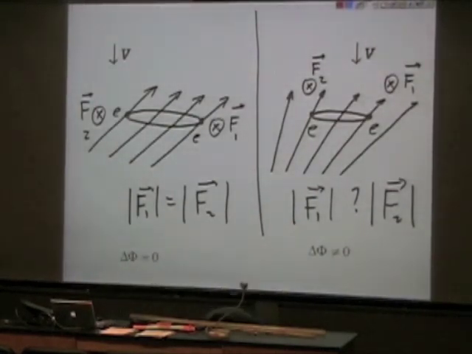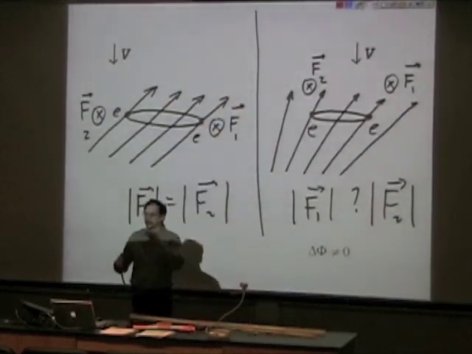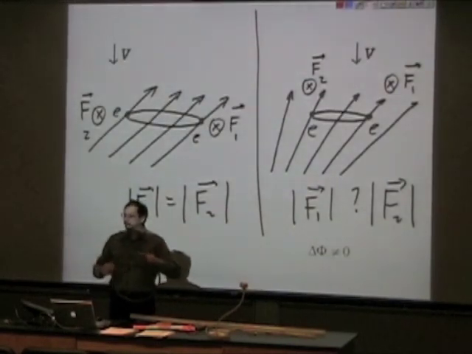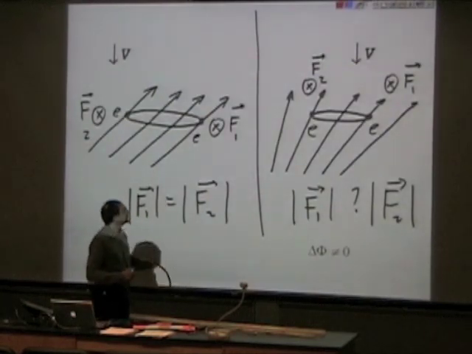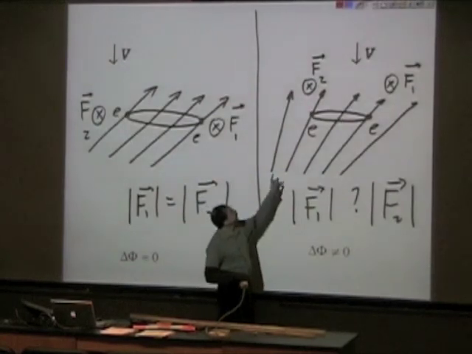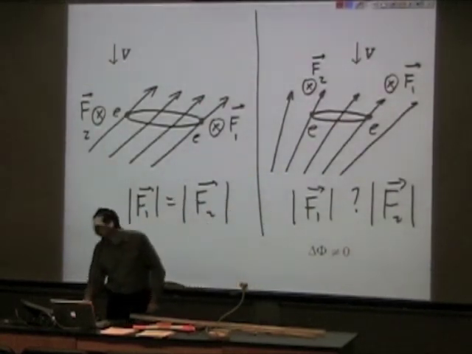If you have a loop moving in the magnetic field, each electron experiences a force. Velocity, magnetic field, force. So what we can see is that the force acting on these two electrons is different because the magnetic field is not uniform.